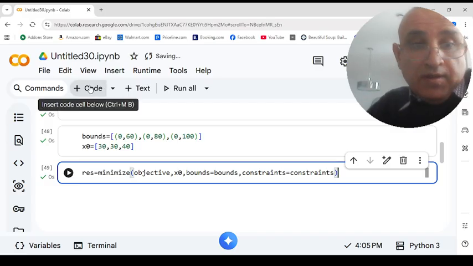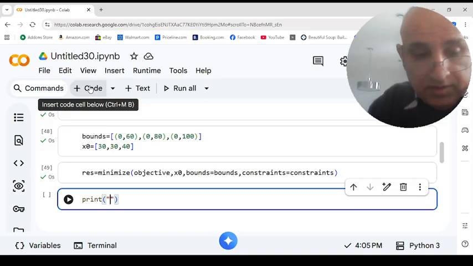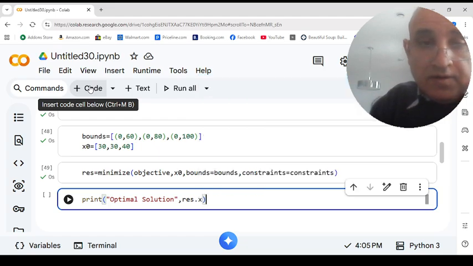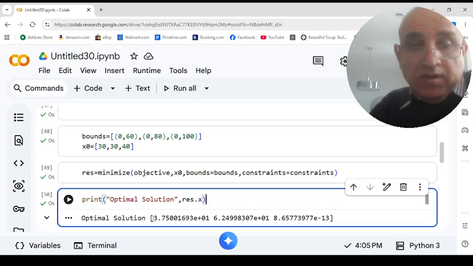Great. Okay, now we can print the optimal solution. That would be a result. Okay, they're saying this is the solution. The first type must be 37, second 62, third almost 0.